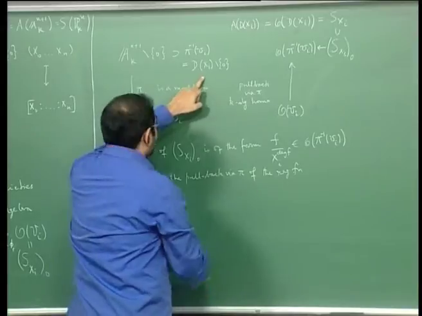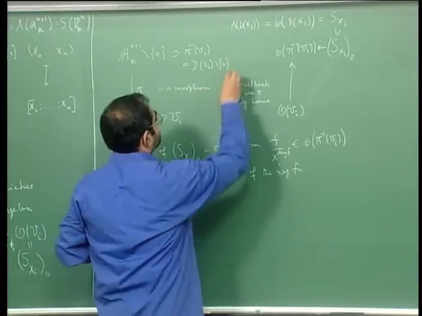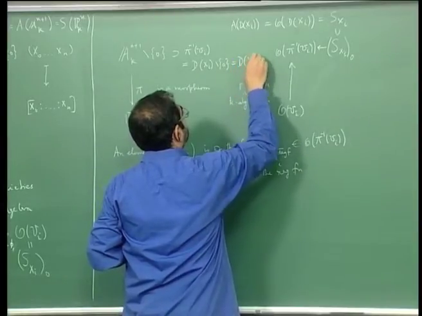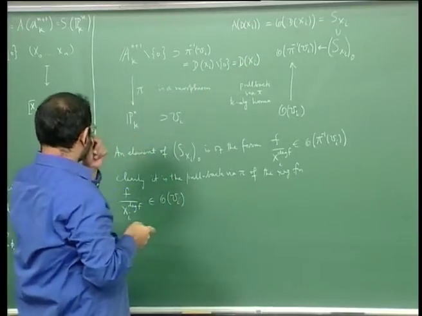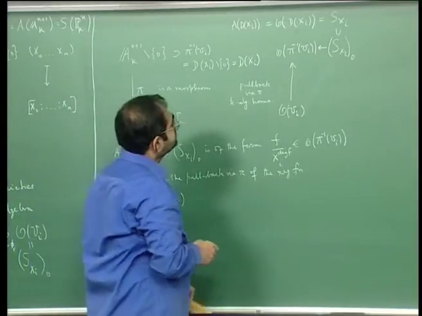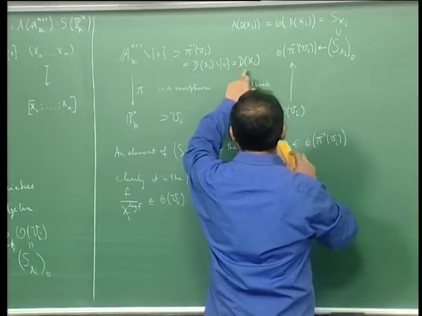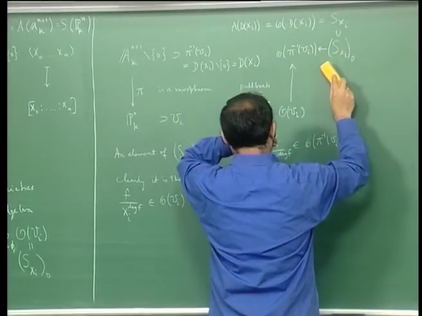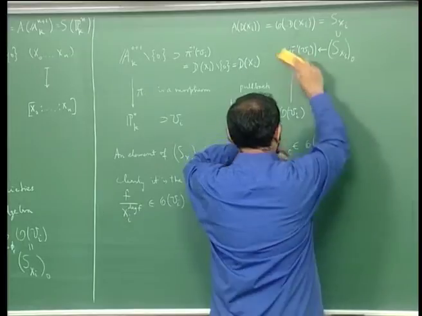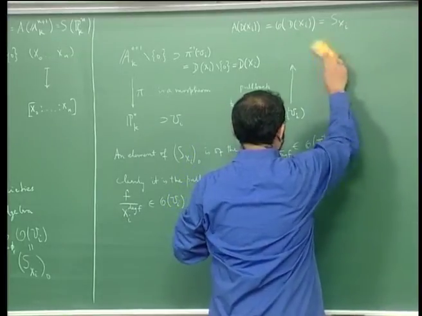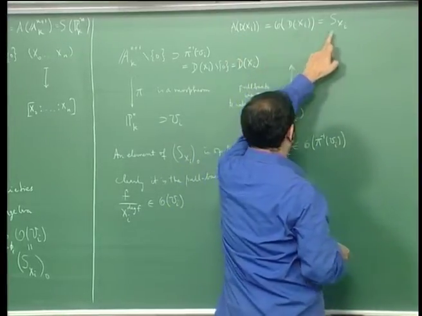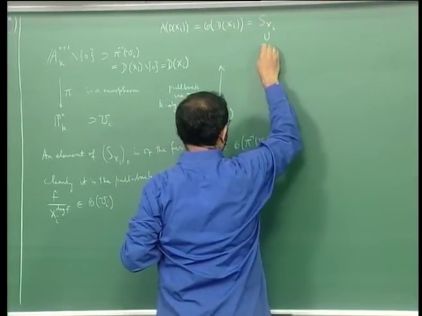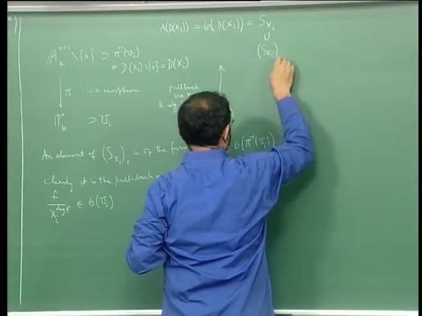Here dxi minus 0 is the same as dxi, because I don't have to remove anything, the origin is already not there. The other thing is that pi inverse of ui is just dxi, and this dxi will of course have affine coordinate ring sxi, of which, if you consider it as a graded ring, the degree 0 part is sxi localized at 0.